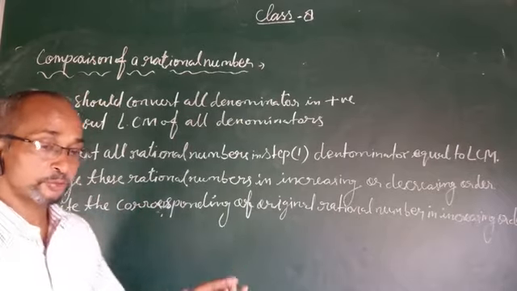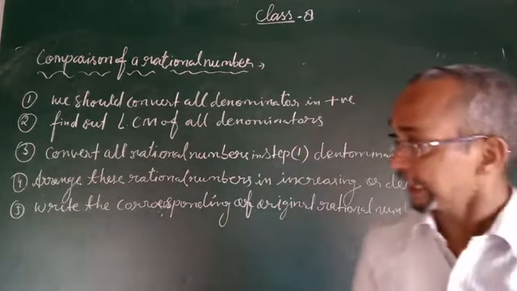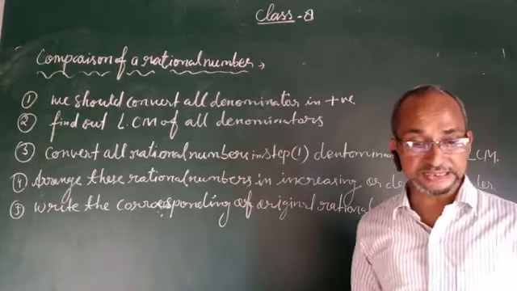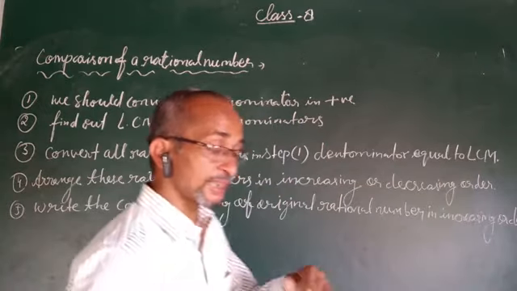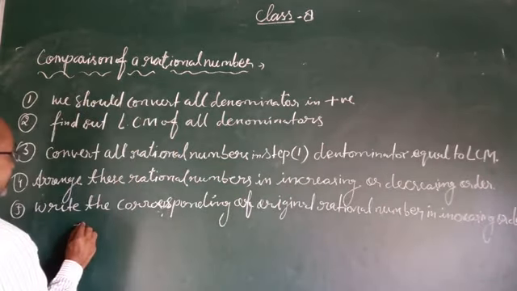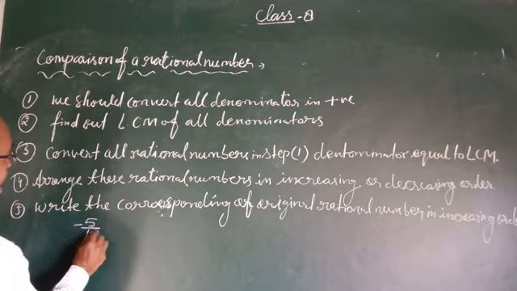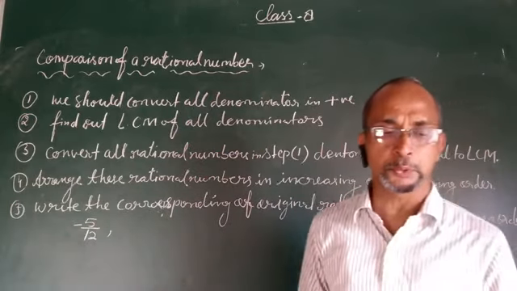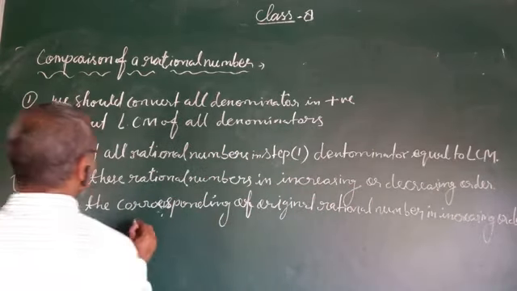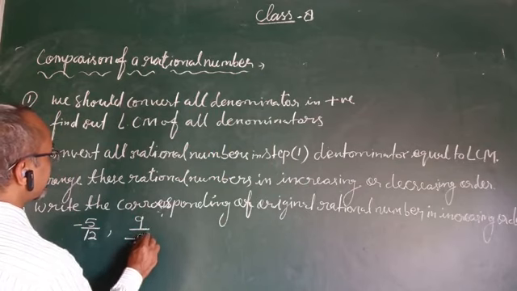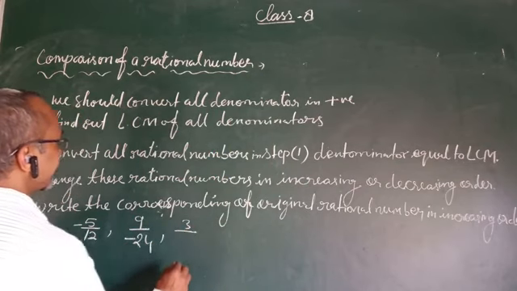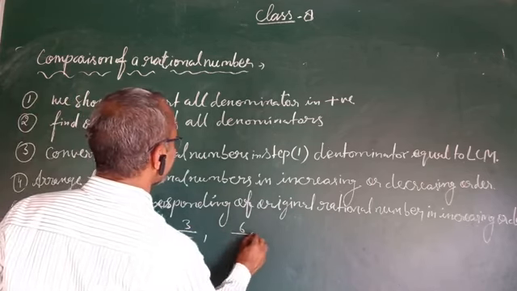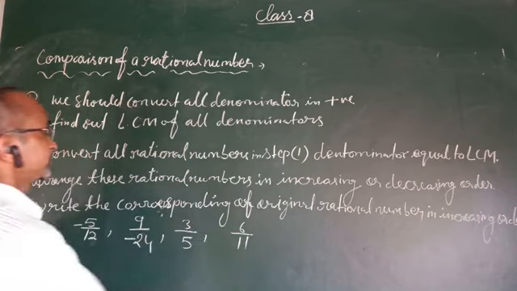So I will give you some examples and I will explain. These are only the steps, but how will you use them? Suppose you find there are 5 numbers: first, minus 5 by 12, 9 by minus 24, minus 3 by 4, 3 by 5, and 6 upon 11.